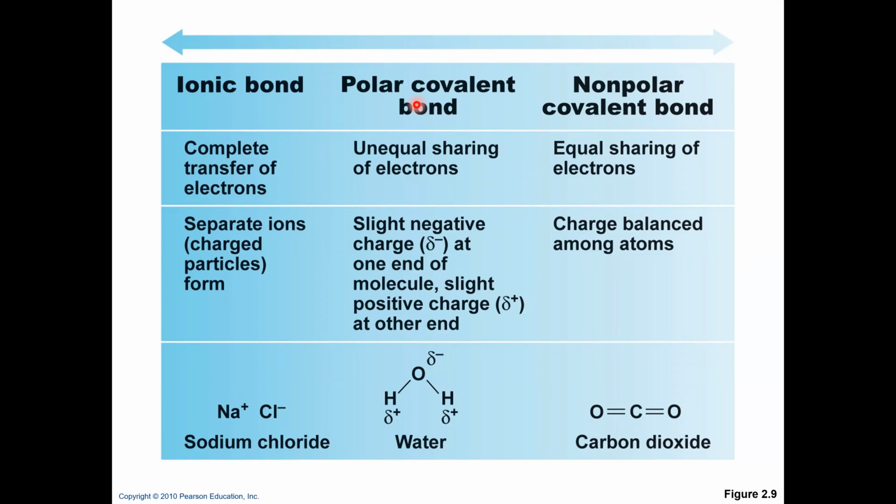Or we can have polar covalent bonds when sharing of electrons is unequal, and then a molecule has slightly negative and slightly positive ends. An example would be water. And here we have ionic bond, where we have complete transfer of electrons from one atom to another atom. This would be the example of sodium chloride.